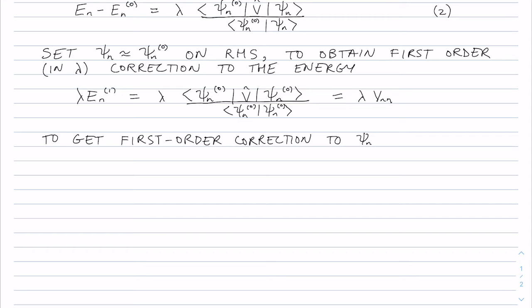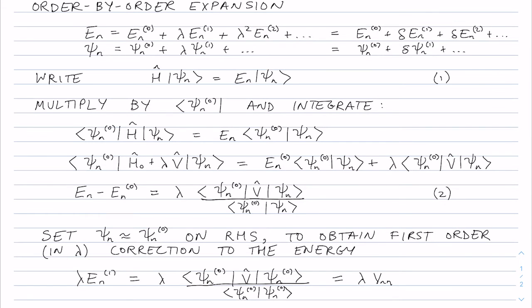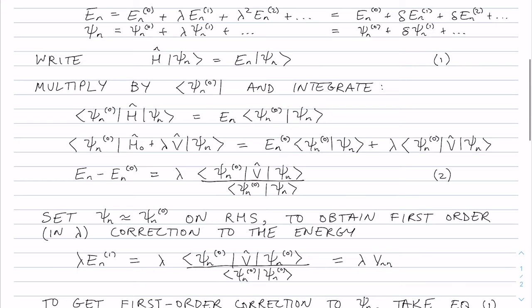So we will take our equation 1 from before. Have a look at equation 1. It's this one at the top here, and you can see that it's just H psi equals E psi.